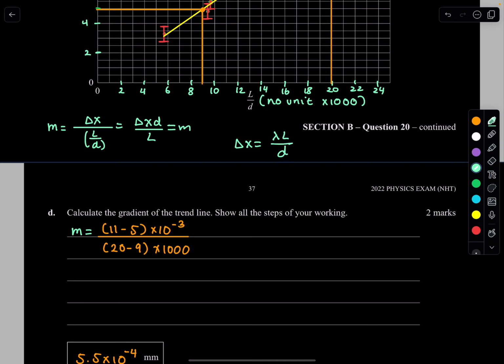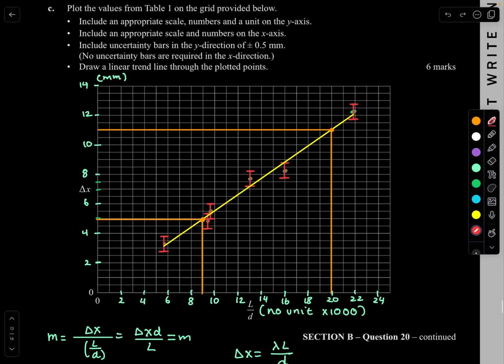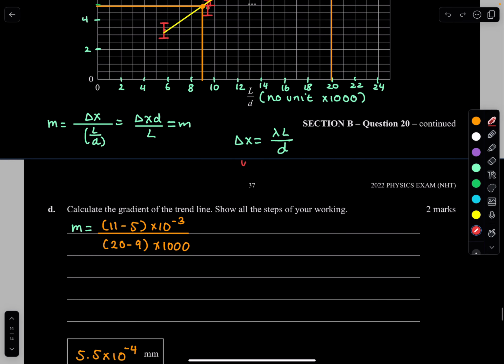Wait. I think I see something. So change in x here is our y values. So we can write it as y, lambda L over D. So L over D here is our x values. So we can write it as x. That means the gradient of this line is our wavelength.